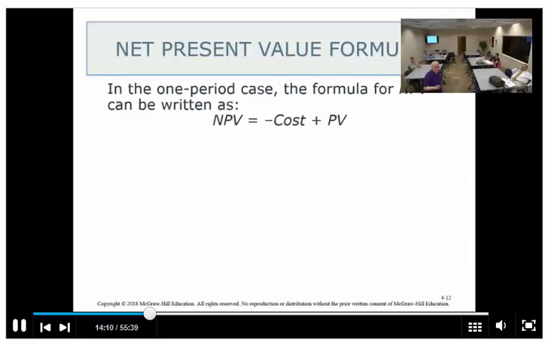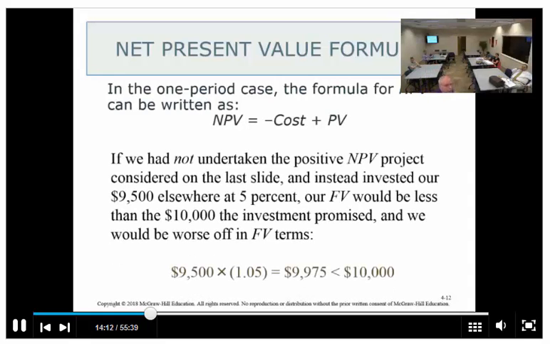Again, in a one period case, the formula for net present value is simply the present value of the cash inflows minus the cost. If we had not undertaken the positive NPV project considered on the last slide, and instead invested our $9,500 elsewhere at 5%, our future value would be less than $10,000.